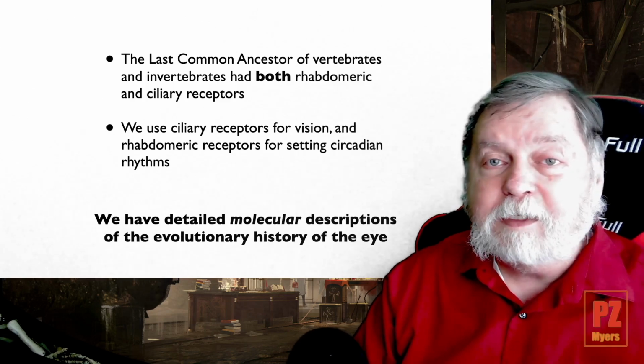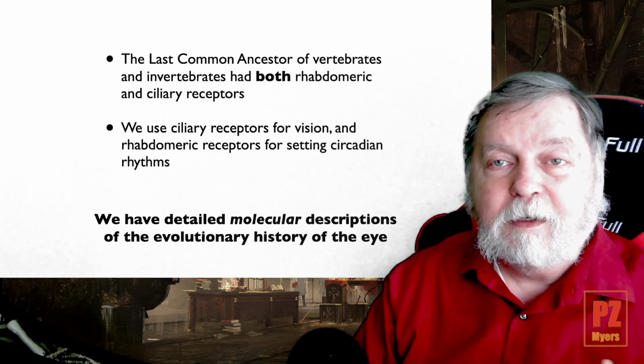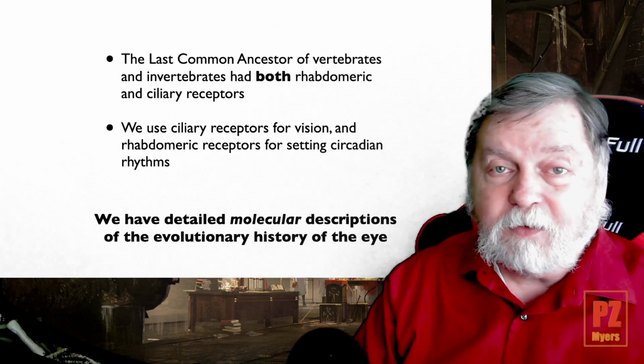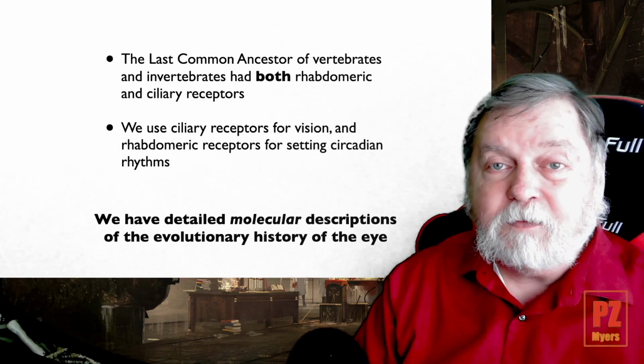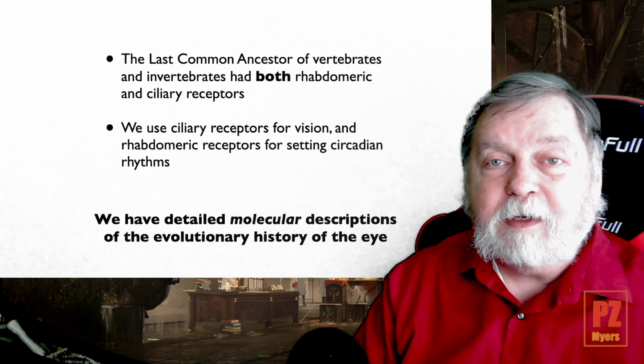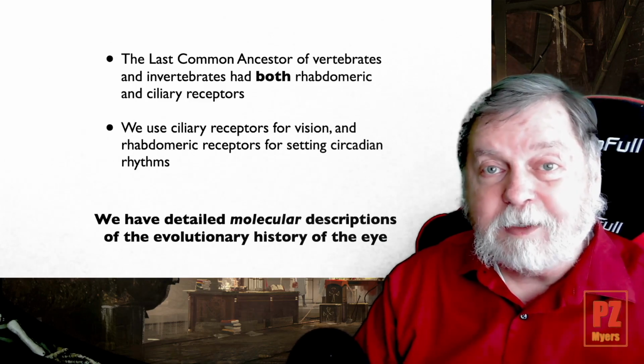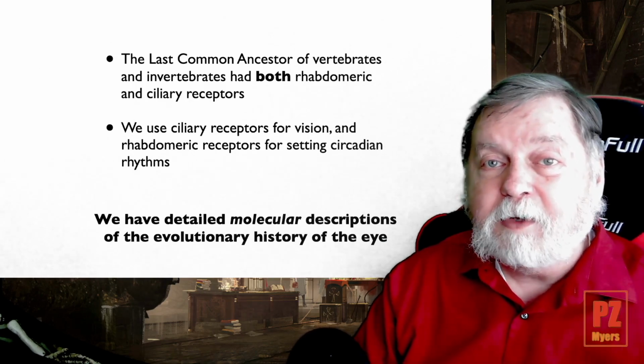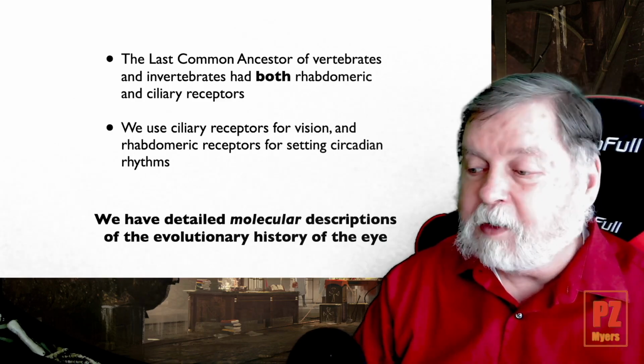You definitely can't see which kind of opsin they're using, or which kind of G protein they're using. That's lost for us forever. But by comparing different phyla, we can actually reconstruct the common characteristics of our last common ancestor.